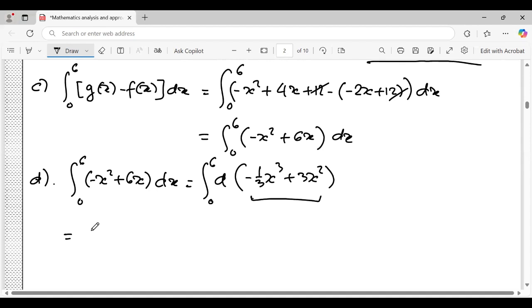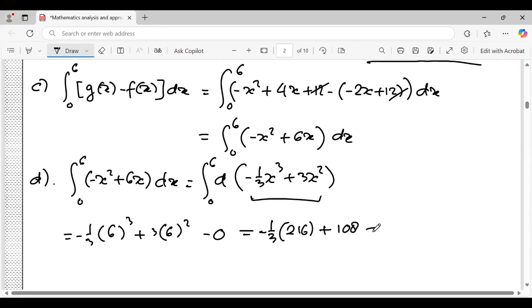So it becomes minus 1/3 times 6 cubed plus 3 times 6 squared minus 0. Minus 1/3 times 6 cubed is 216, plus this is 108.